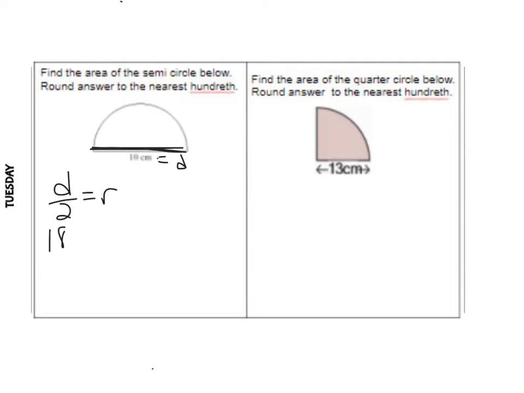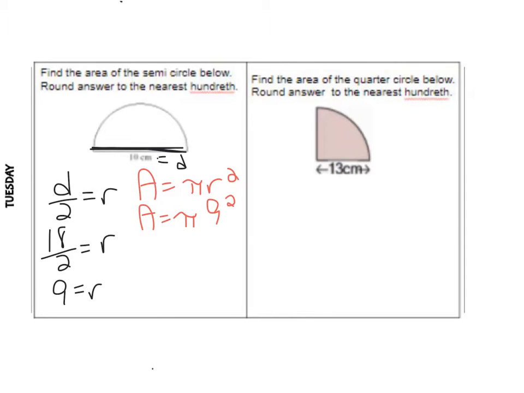So 18 divided by 2 equals R, which is 9 equals R. So now that we know that radius is 9, we can do our area formula. A is equal to pi radius squared. So A equals pi 9 squared. And 9 squared is what?